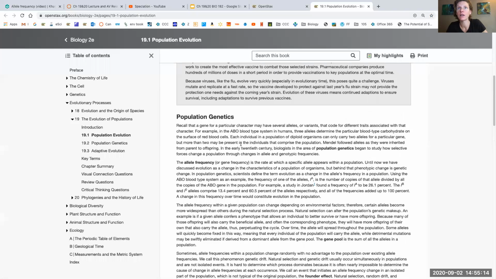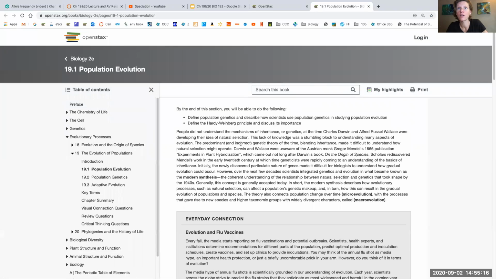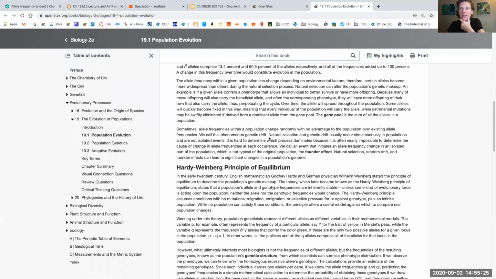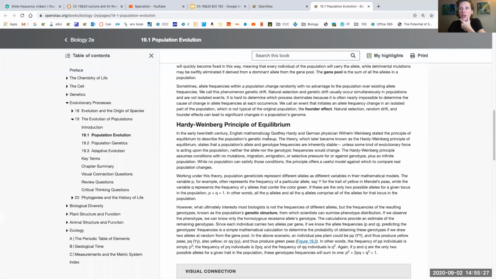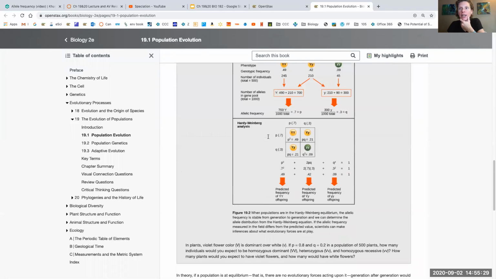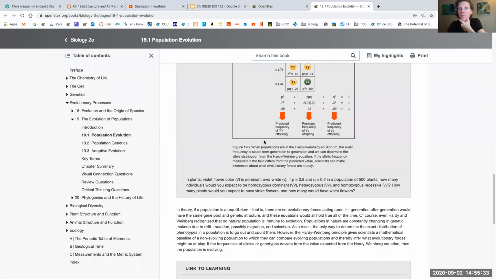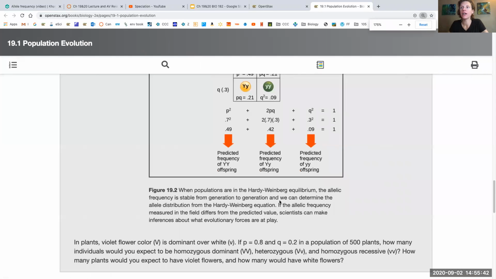Where is it? Where are the requirements? The requirements are basically theoretical, that you have an infinite population that's not under any selective pressure. And so that means you're not getting organisms moving in and out. Here we go. So if a population is in equilibrium, there are no evolutionary forces acting on it.